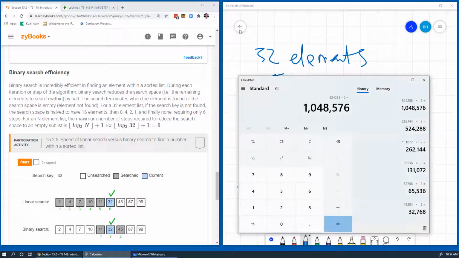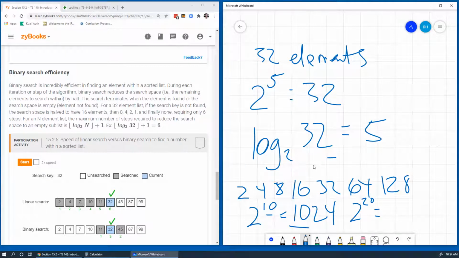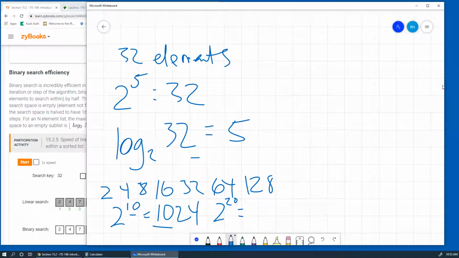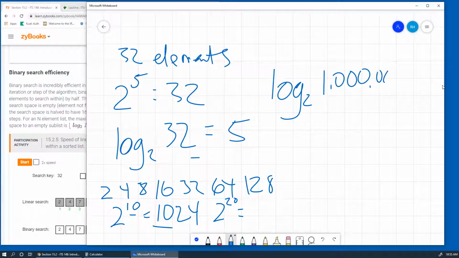So if you know that 2 to the 20th is about a million, then you know that log to the base 2 of a million is about 20.